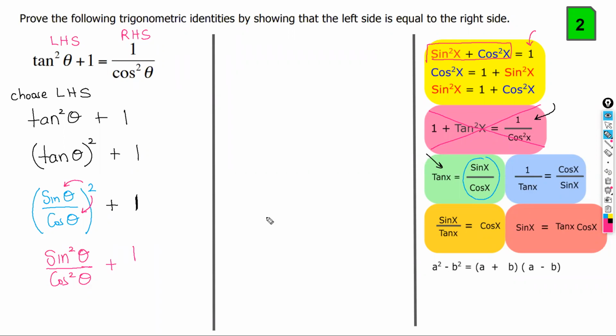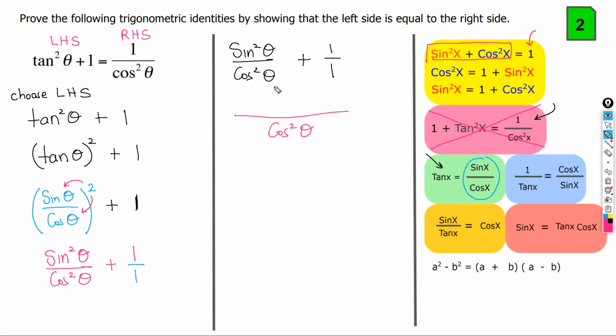So what do we do? Well, I know 1 is the same thing as 1 divided by 1. We have a fraction here, and we have a fraction here. Couldn't we add the 2 fractions using LCM? So let me write it back here. I have sine squared theta on cos squared theta plus 1 on 1. The LCM would be cos squared theta.